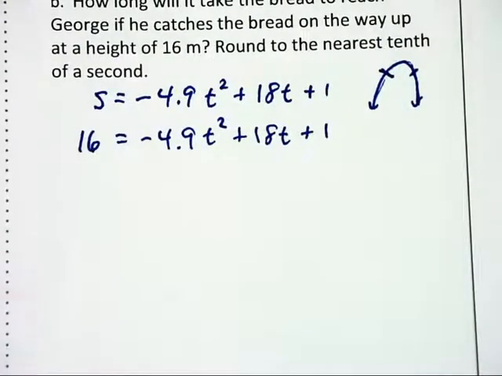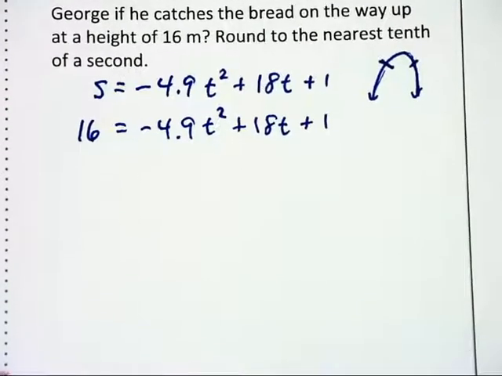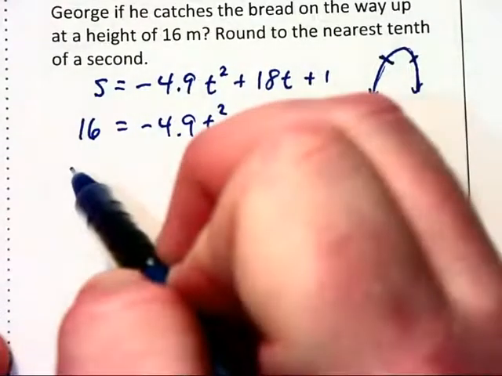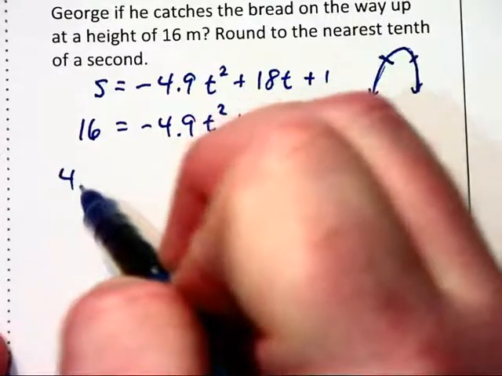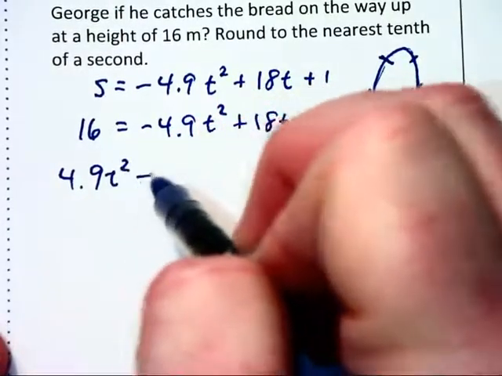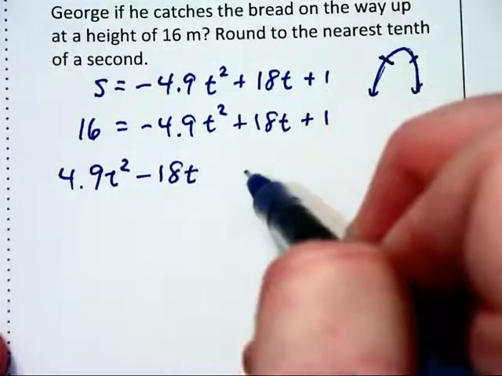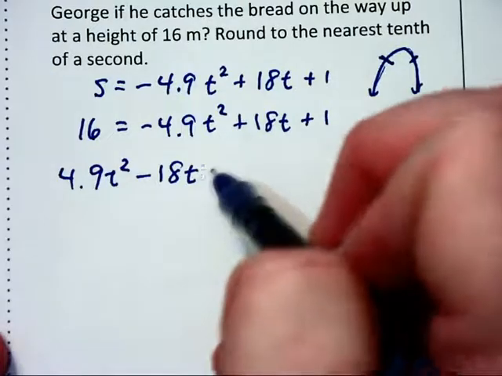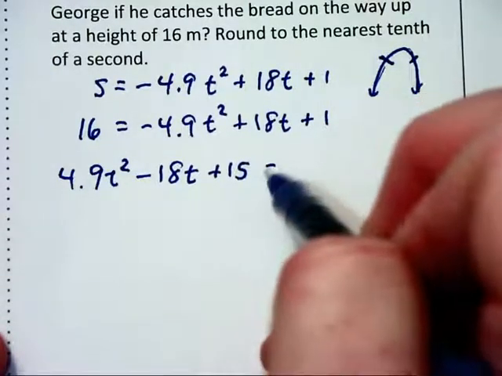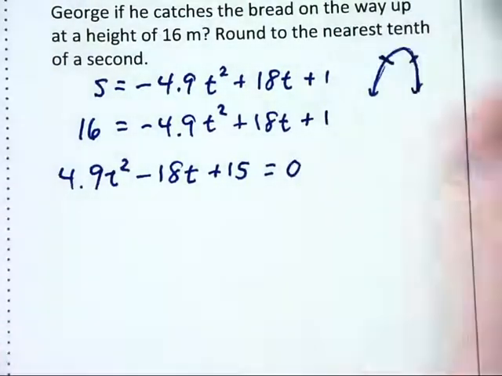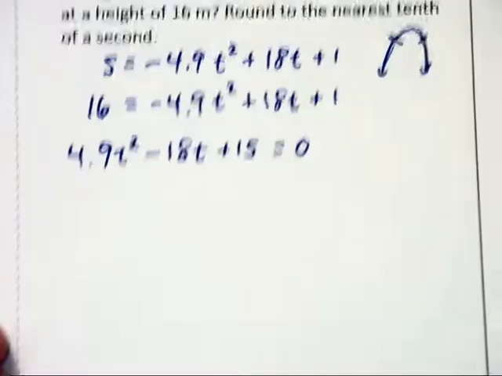I would like a positive leading coefficient here, although I don't think that's necessary, but I'm going to, and bring everything to the left. 4.9 t squared minus 18t plus 15 is equal to 0. Since we're going to be rounding, it only makes sense that we're going to be using the quadratic formula for this problem.